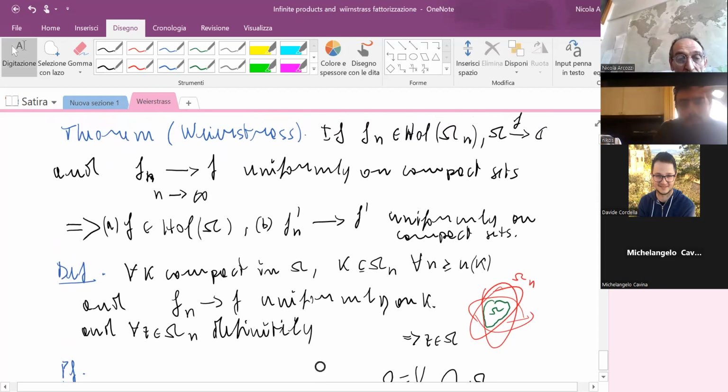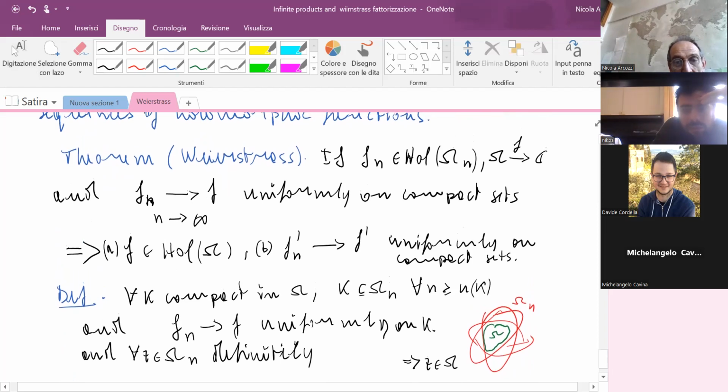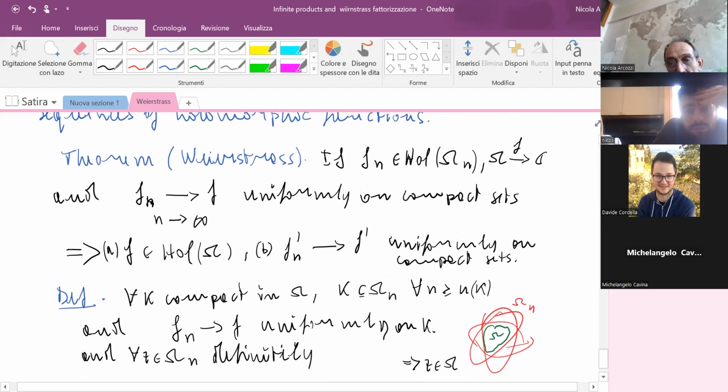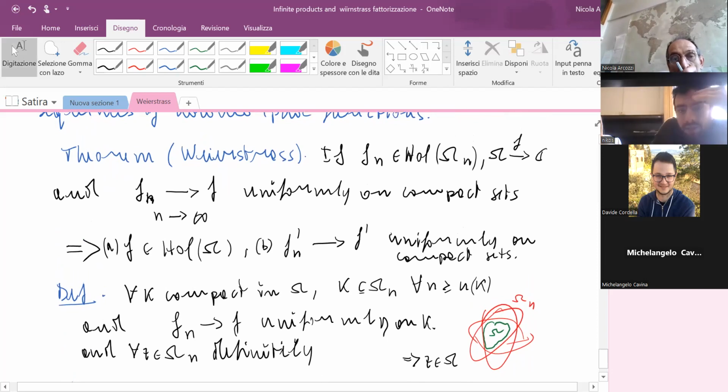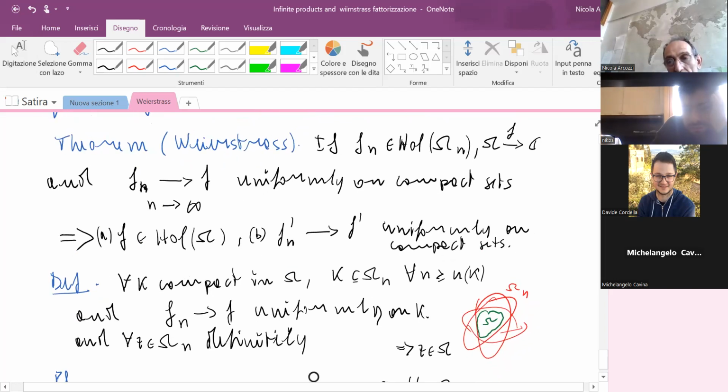So I would say omega should be any set for which Fn is defined after some n0. You can see it locally: you can think of omega as a small disk which is inside all omega n after some n0.